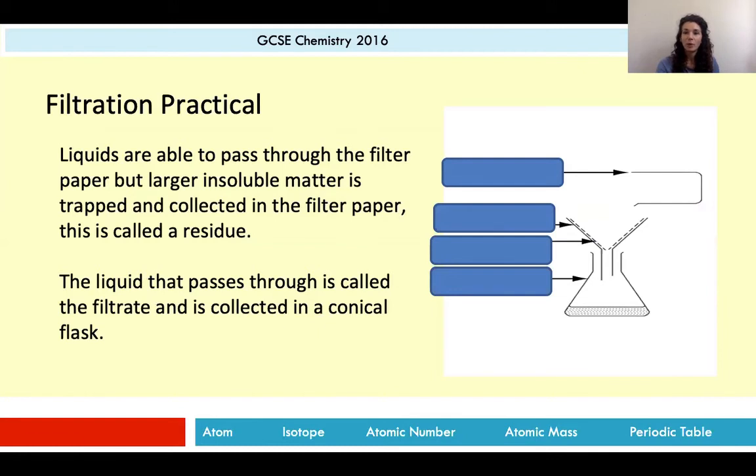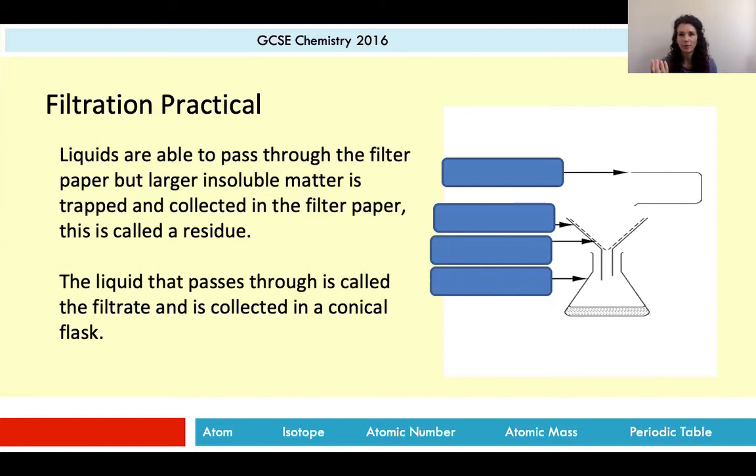Okay, so remember, we looked at some separation techniques, didn't we? And the first one that we looked at was filtration. So that's when I'm separating an insoluble solid from a liquid. So liquids can pass through the filter paper. The insoluble matter is trapped in the filter paper.